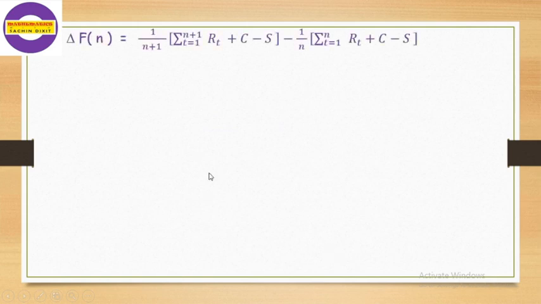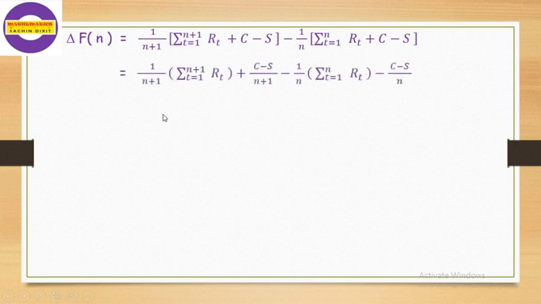Now substitute the values of P(n plus 1) and P(n). We get del f(n) equals 1 upon n plus 1 into bracket summation t from 1 to n plus 1 R(t) plus C minus S, minus 1 upon n into bracket summation t varies from 1 to n R(t) plus C minus S. Then we multiply this 1 upon n plus 1 in this bracket and this minus 1 upon n to this bracket.